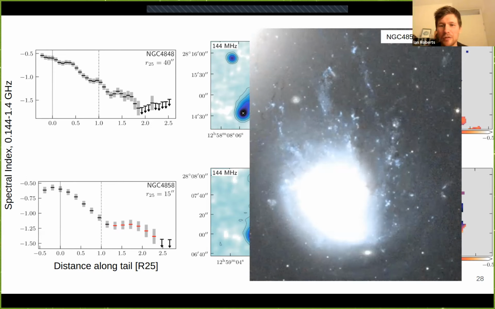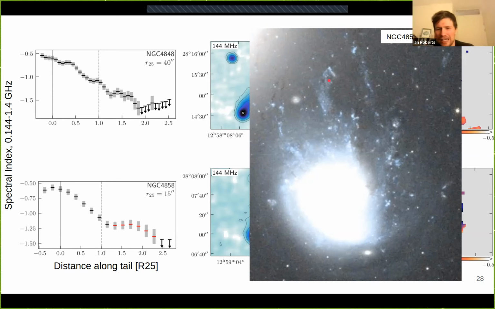So this is an HST image of NGC 4858, and you can see these clear signatures of star formation in the F350 from HST. And this is the same region that is marked in red on that radial profile to the left.